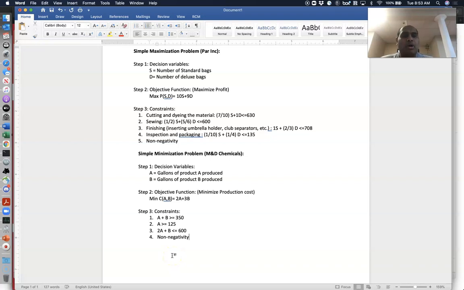Now, on homeworks and on the midterm and on the final exam, I am going to have you go through this, where you list all the decision variables, write the objective, write the constraints. Now we will be doing larger problems where the number of decision variables are not just going to be 2, but we can have like 25 decision variables, or sometimes you'll have 60 decision variables or something like that.